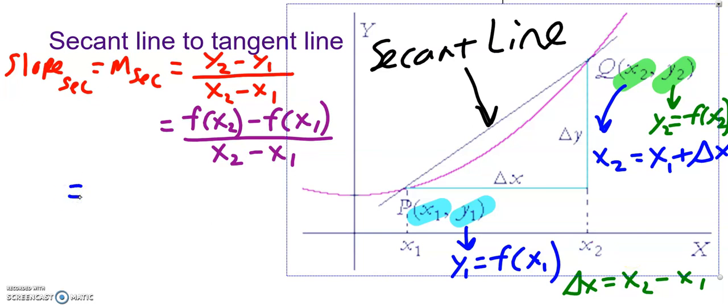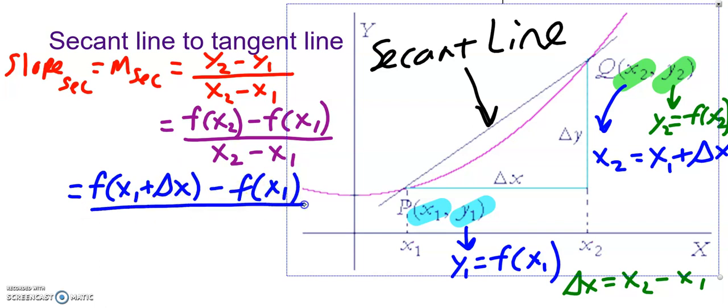So instead of f of x2, I'm going to do f of x1 plus delta x minus f of x1 over x1 plus delta x minus x1. And so, again, what I'm doing is everywhere that there was an x2, I made that x1 plus delta x.